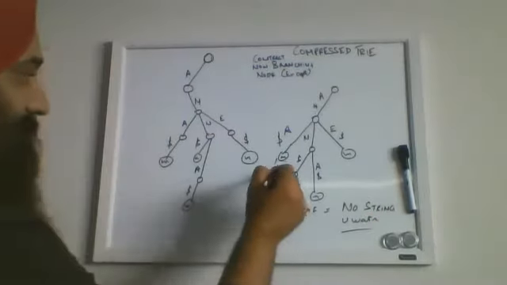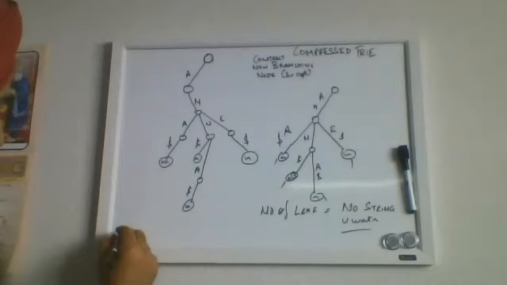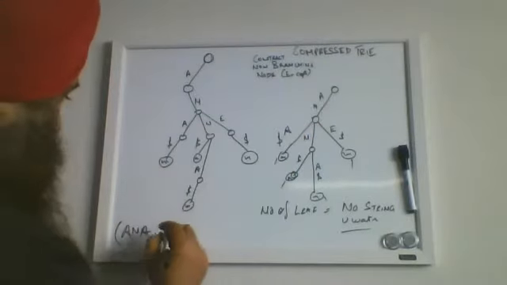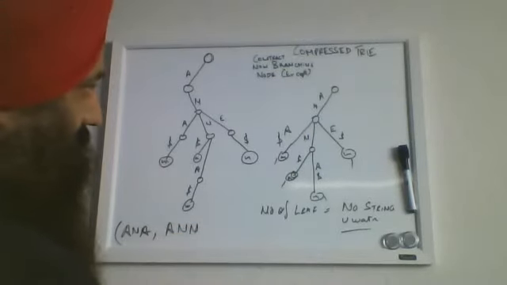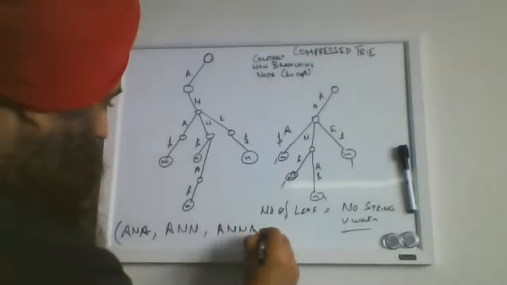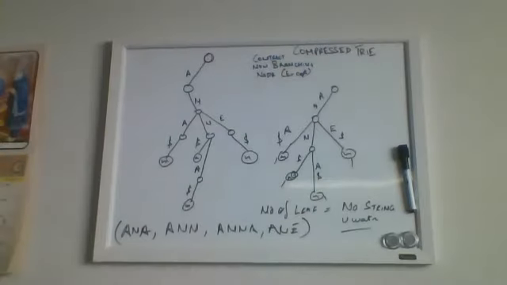So leaf nodes are 1, 2, 3, 4, and you have got 4 string values: first A, second A N, third A N A, and last one A N E. So this is basically a compressed trie.